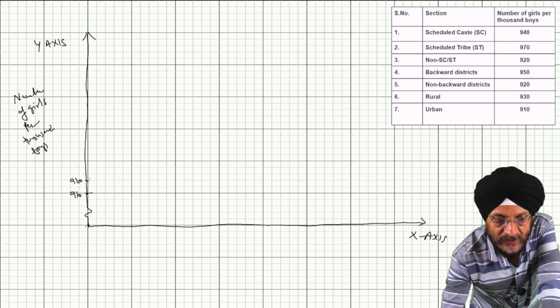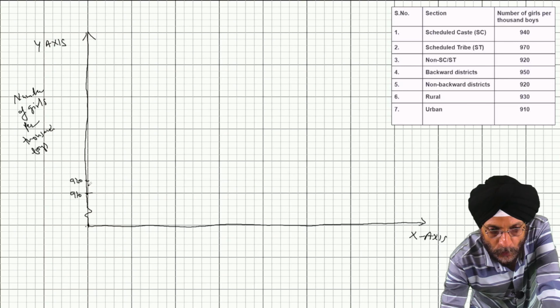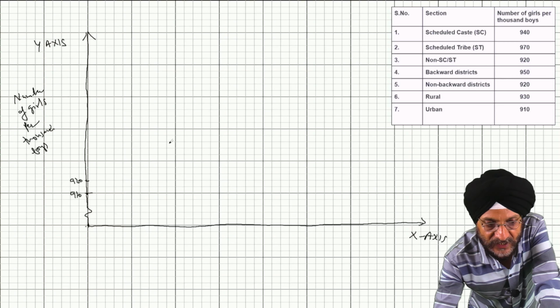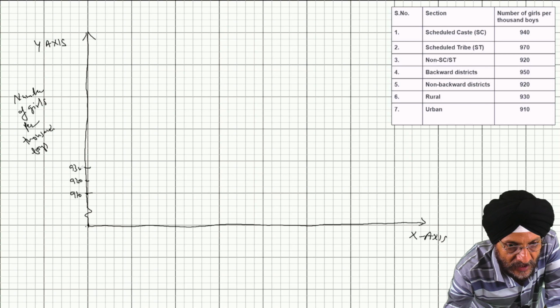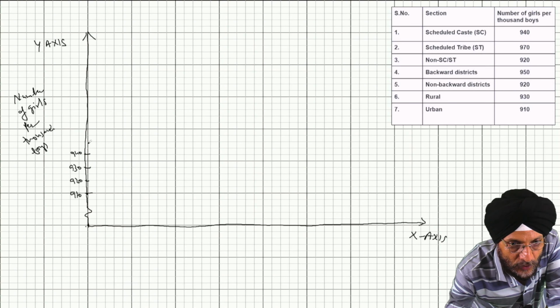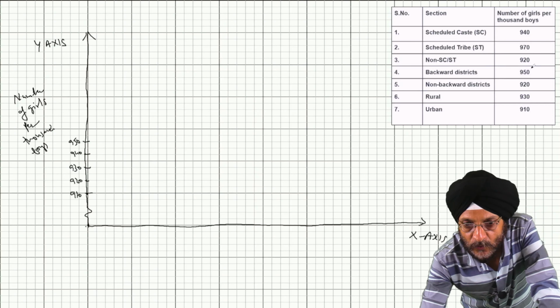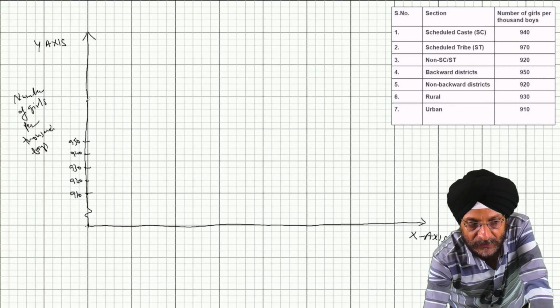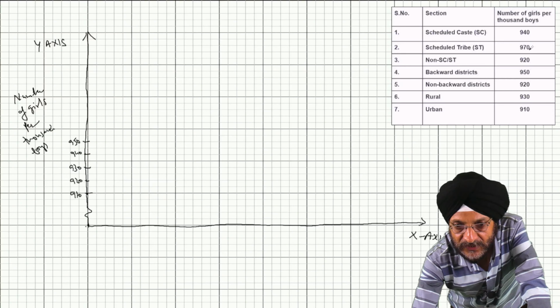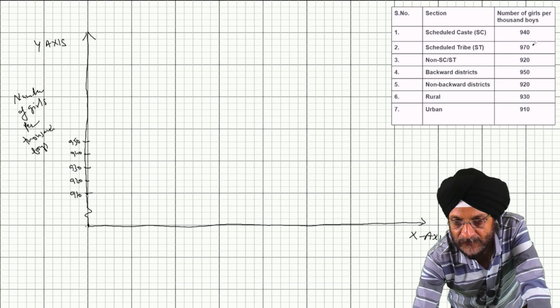So every 2 points, 2 cells, we are adding the information by 10: 930, 940, 950. Here we will add on this information up to the point which is 970, the highest.